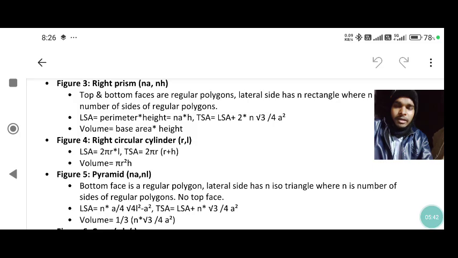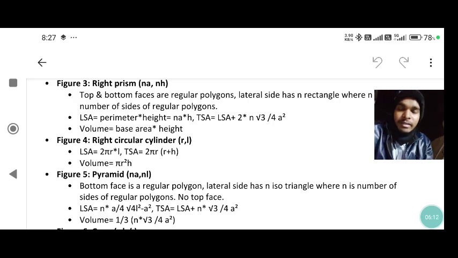Also, the area of the regular polygon equals the distance from the center of the polygon perpendicular to any side, multiplied by the perimeter divided by 2.